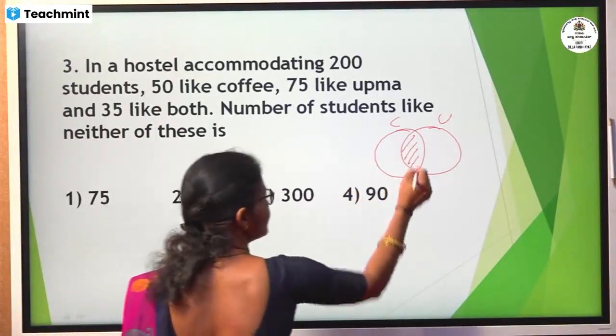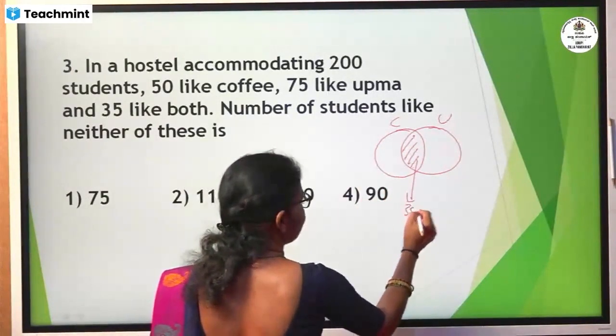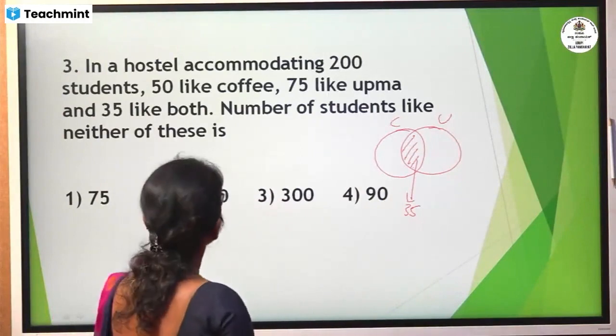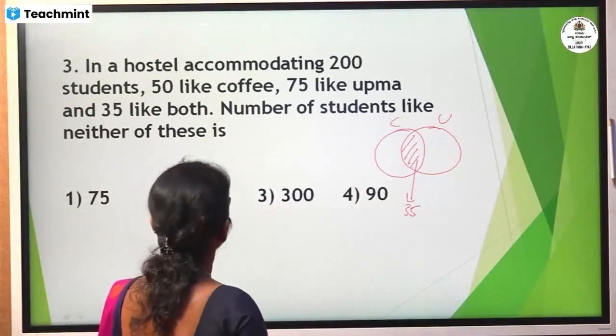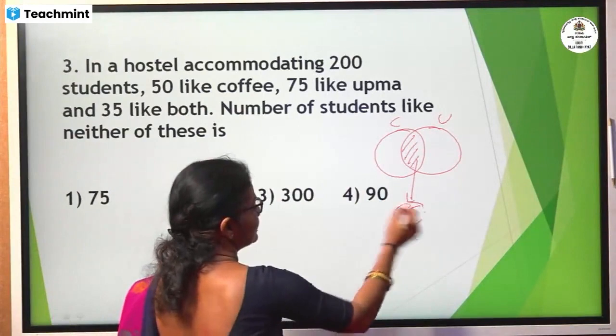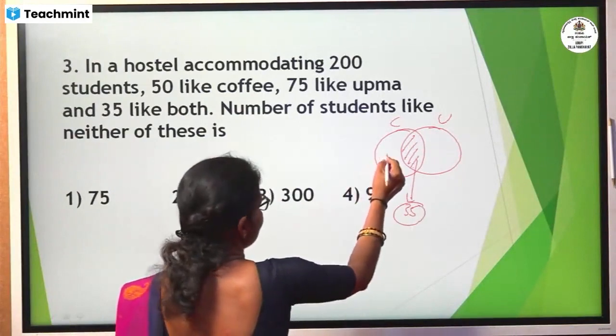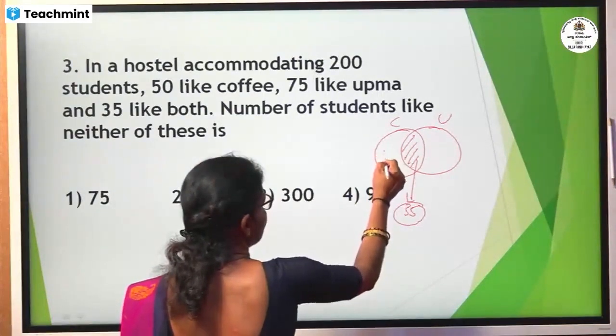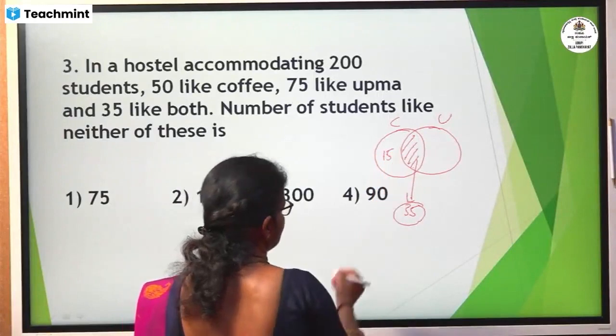So this will be 35. Now consider the number of students who like coffee, that is 50. In that you have written 35 already, so this will be 15.